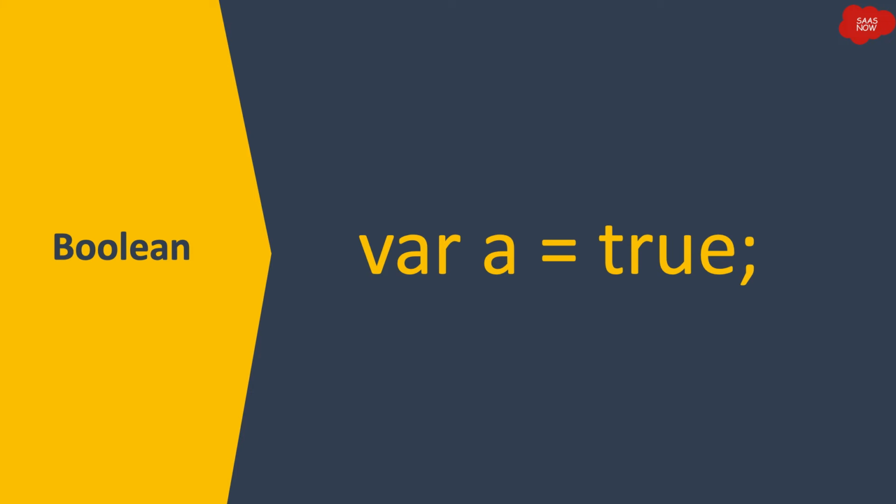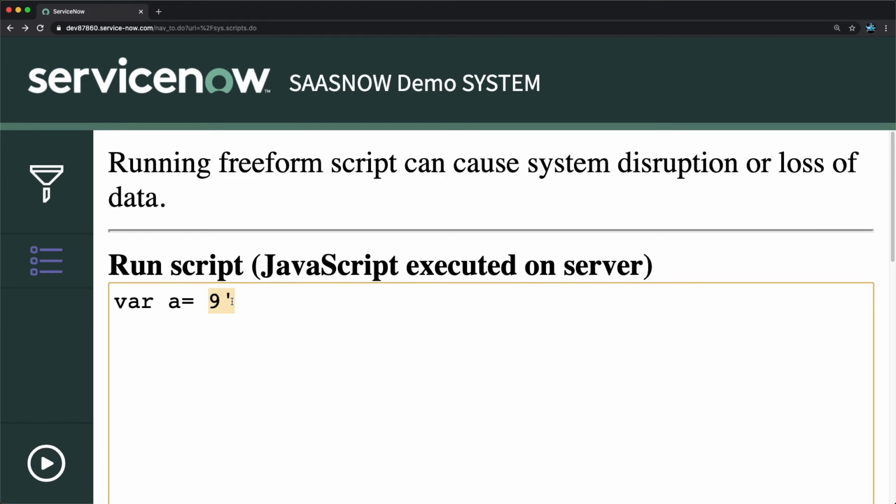Boolean. Boolean is true or false. So if you want to use Boolean, you can just use true or false. For example, if I come here and I do a is equal to true, now a is a Boolean type of variable, because the value you're storing here is true.